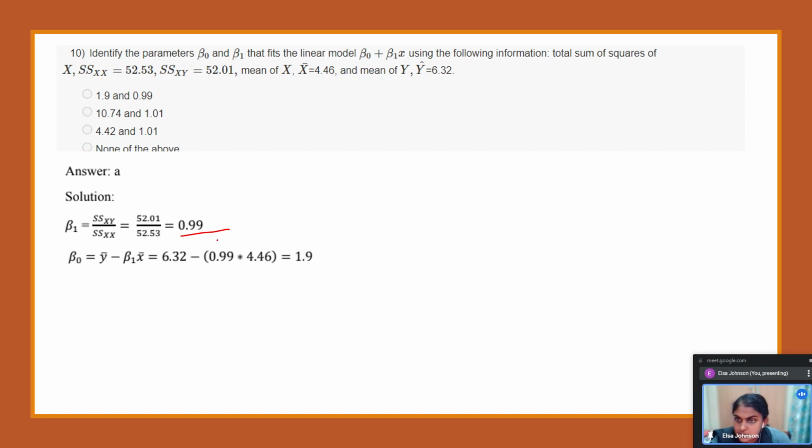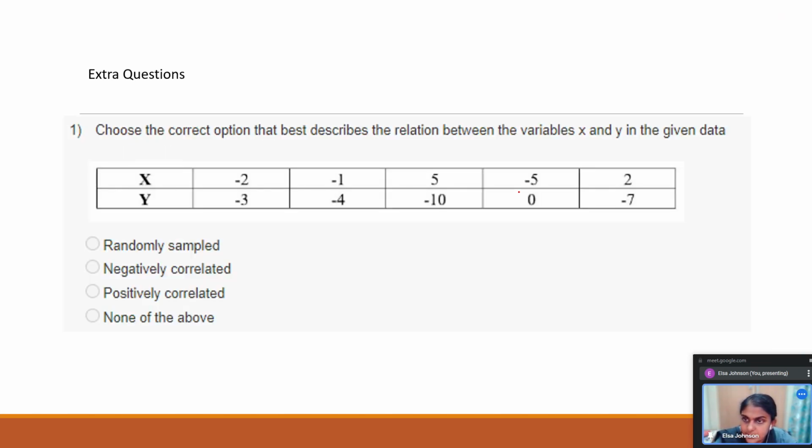Okay, so the values of beta naught is 1.9 and beta 1 is 0.99. So the first one is the answer. Okay, so answer 1.9 and 0.99. Okay, so now we'll move on to another question.